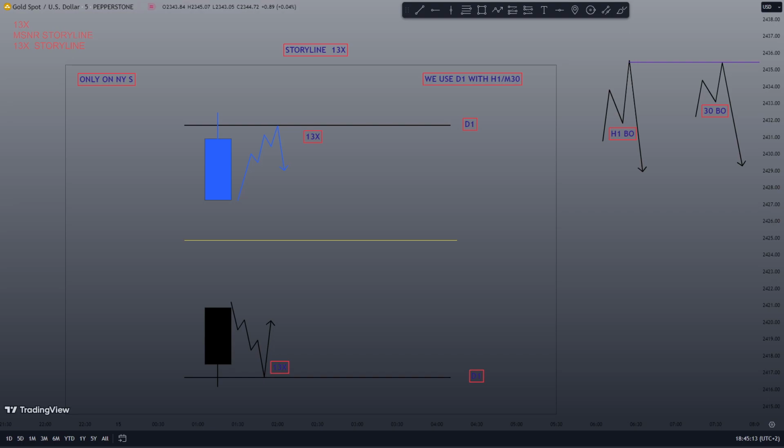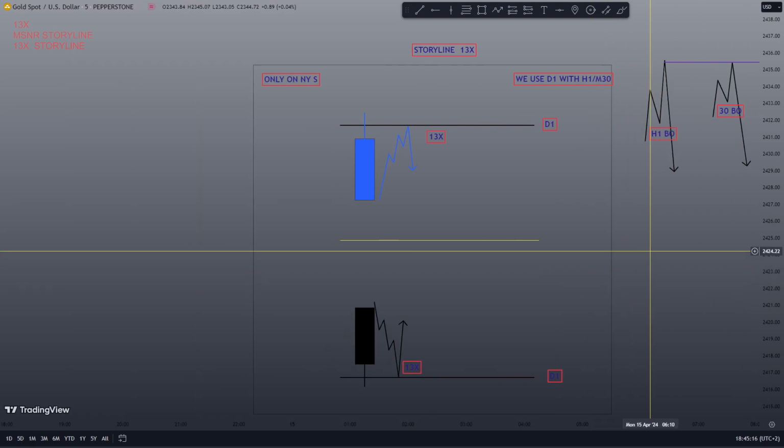So let's see a chart and pick some examples.